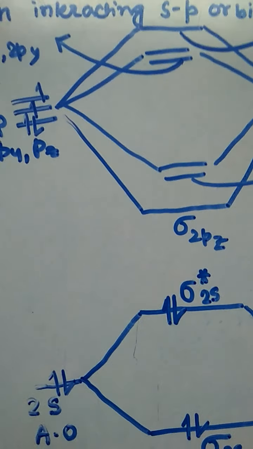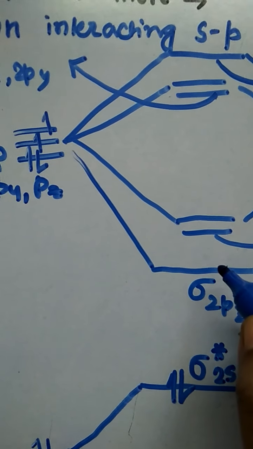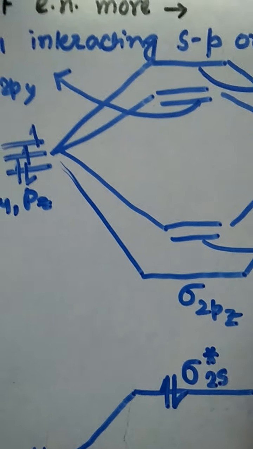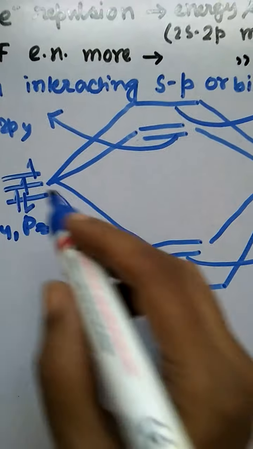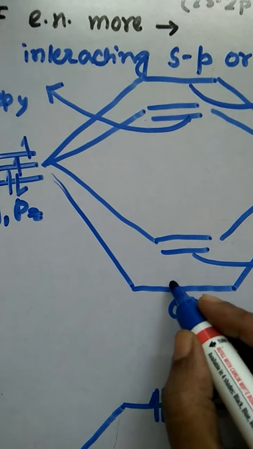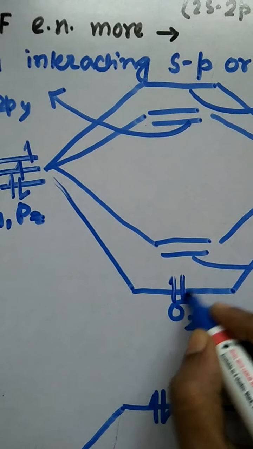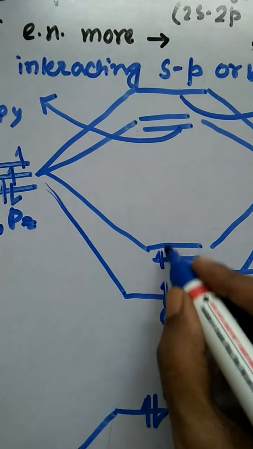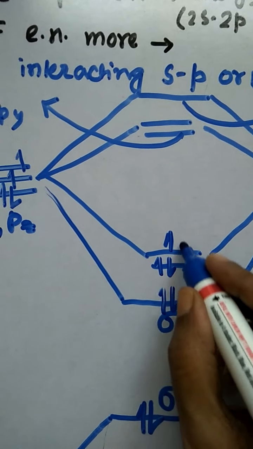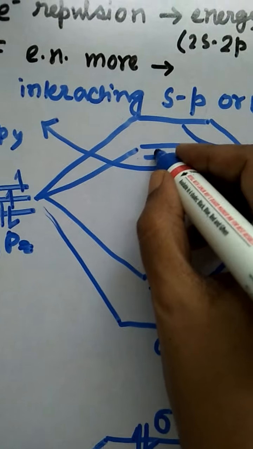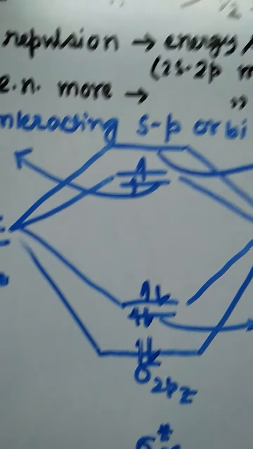Now how are we going to fill these molecular orbitals? You have 4 plus 4, 8 electrons. So you fill up like 1, 2, then 3, 4, then 5 and 6, then 7, then 8.